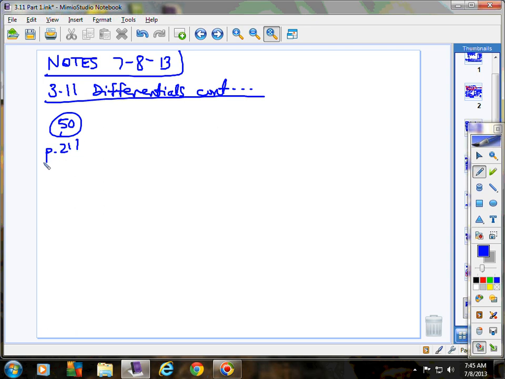The change in the lateral surface area, S equals 2 pi r h, of a right circular cylinder when the height changes from h0 to h0 plus dh and the radius does not change. So when I say radius does not change, let's just say radius is constant. So it's good to have all your constants out front.